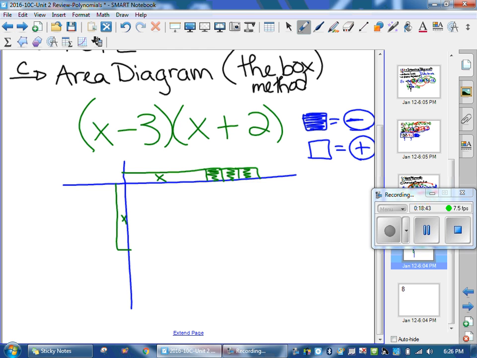So when we multiply them using an area diagram, you take one of the terms and it goes on top. You draw their algebra tiles. Now it could have gone on top or on the side. It really doesn't matter. So if you put them on the side, the other one goes on the top and vice versa.